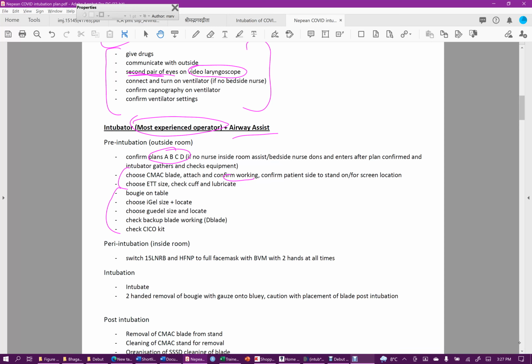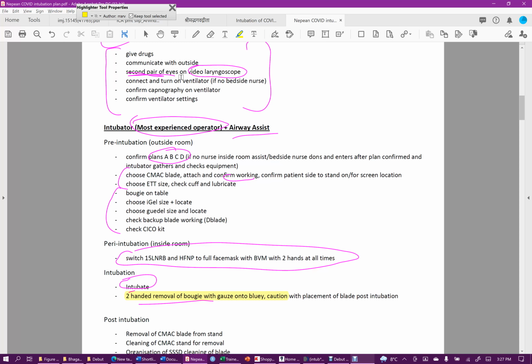During the peri-intubation, the job of the airway operator will be the same thing that they do normally. This is all normal, so there's no difference at all. There's just one thing: do a two-handed removal of the bougie.